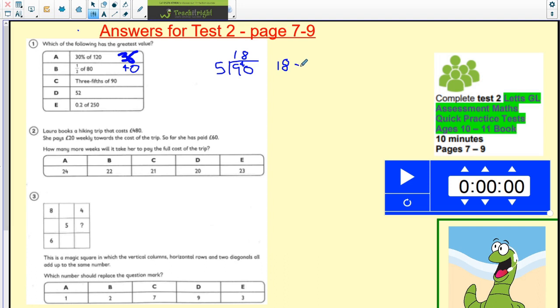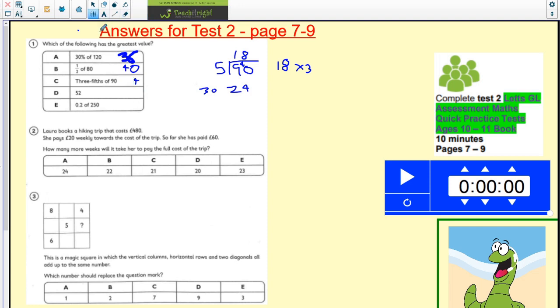I need to now know what 3/5 is. So I would do 18 times 3, and for this I would just do 3 lots of 10 is 30. 3 lots of 8 is going to be 8, 16, 24. Add them together. 30 plus 24 is 54.